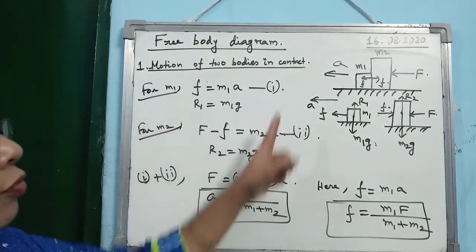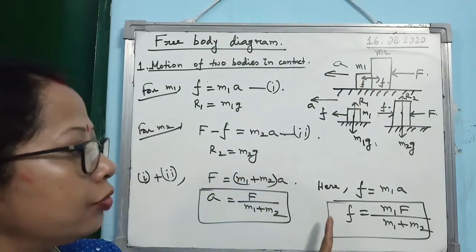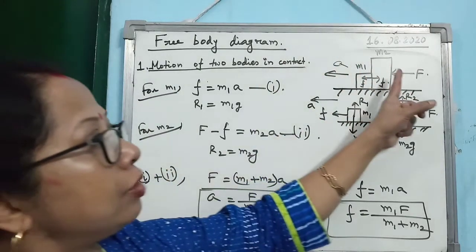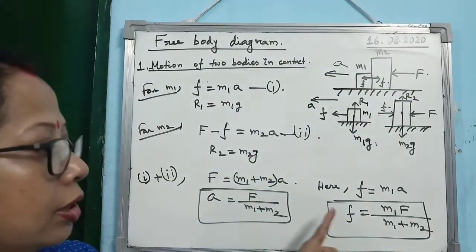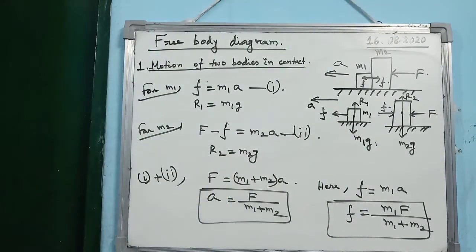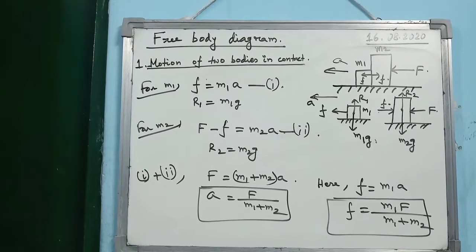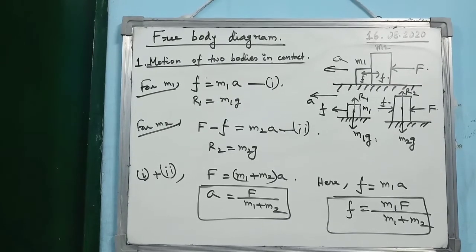When you are applying the force on M1, then contact force was M2F by M1 plus M2. When you are applying the force on M2, then the contact force is M1F divided by M1 plus M2. So once again I am telling, understand the free body diagram. Don't have to learn and remember the expression for the different forces.